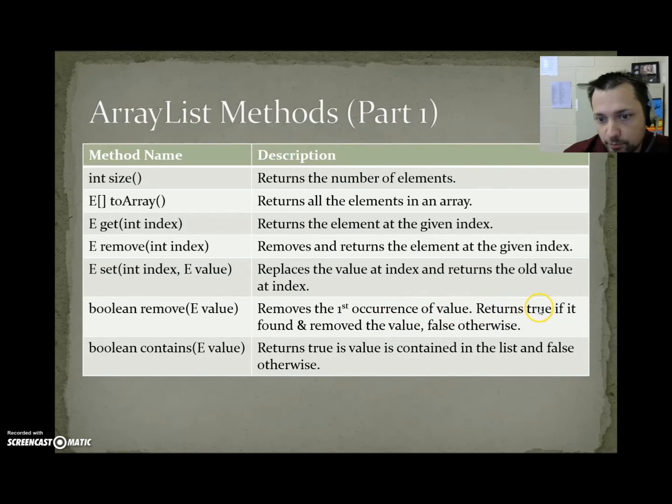When it finds it, it would remove it. This method returns true if it successfully found and removed the value. If it was unable to find the value, it returns false. And again, remember, it removes the first occurrence, not every occurrence of the value. So if you had 15 gems, after you call remove gem, you'd have 14 gems. Boolean contains returns true if the given value is in the list.